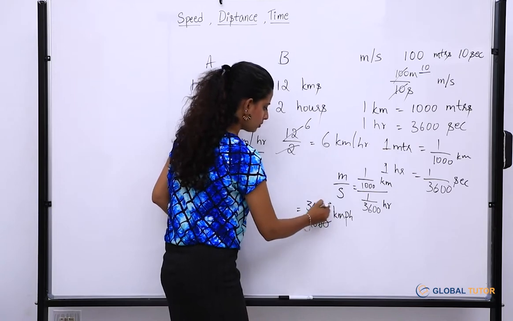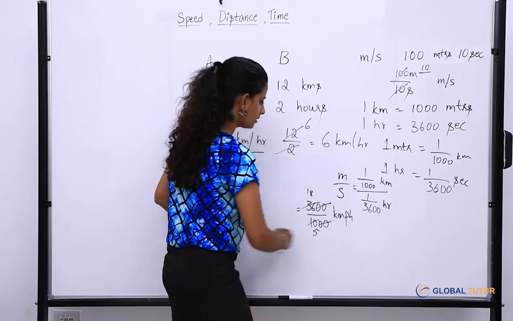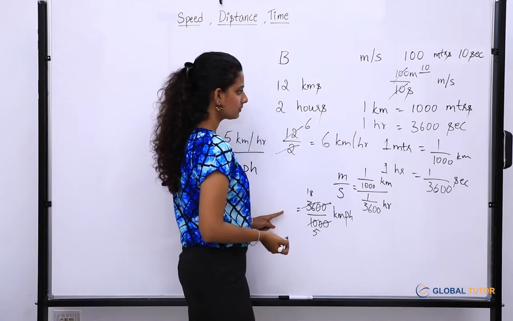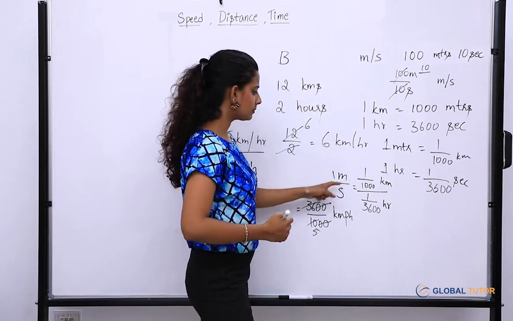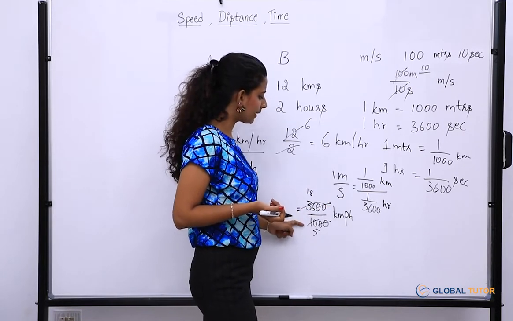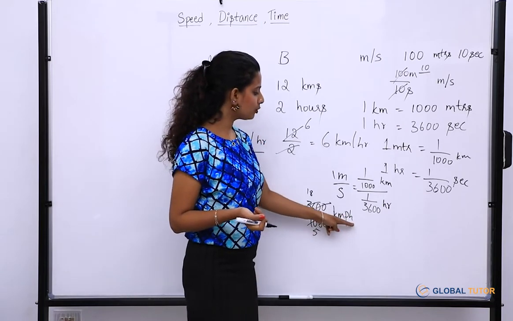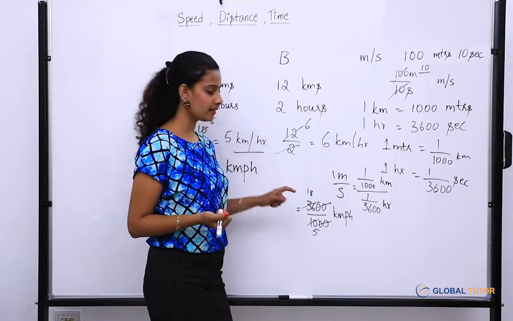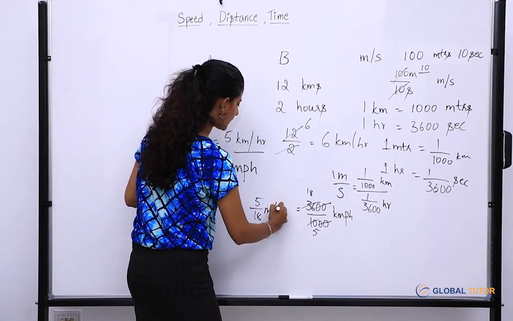So here 2 zeros get cancelled. This is 5. This is 18. So 100 meter per 10 seconds. So what have I taken here? 1 meter per second. So 1 meter per second when converted to kilometer per hour will become 18 by 5 kilometer per hour. Similarly, if you take 1 kilometer per hour and if you have to convert it into meter per second, then it will become 5 by 18 meter per second.